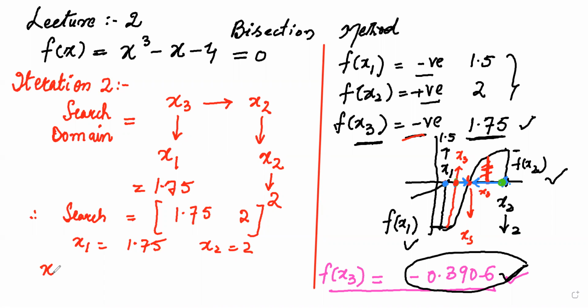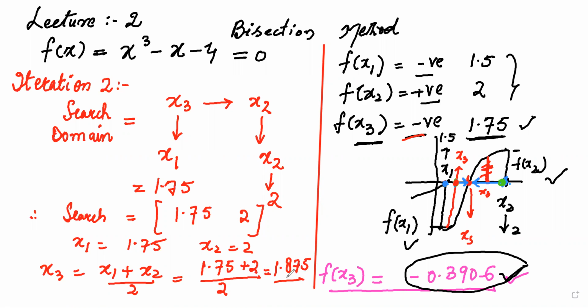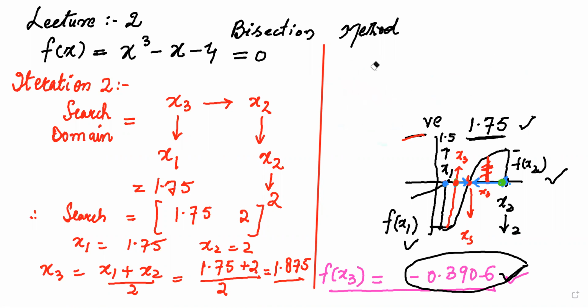For iteration 2, the value of x3 is x1 plus x2 divided by 2, that's 1.75 plus 2 divided by 2. Once we calculate it, that is 1.875. This is the value of x3 for iteration 2. Let me rub it off.